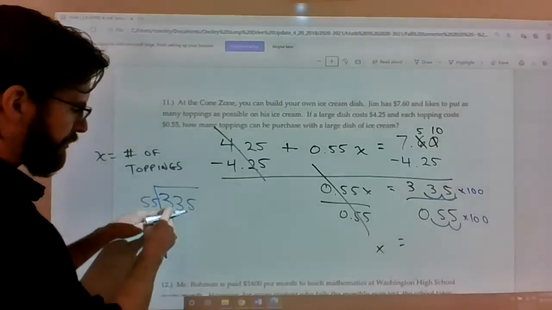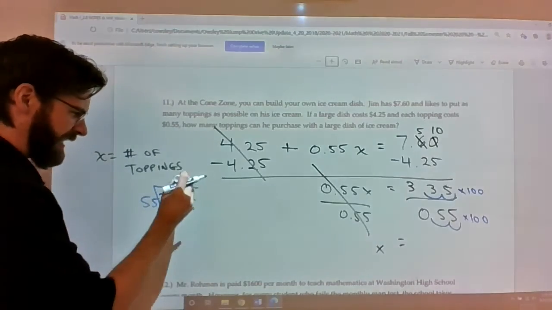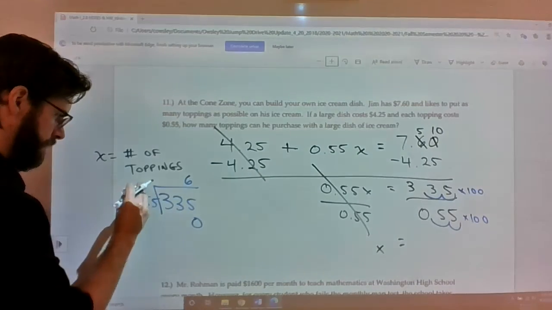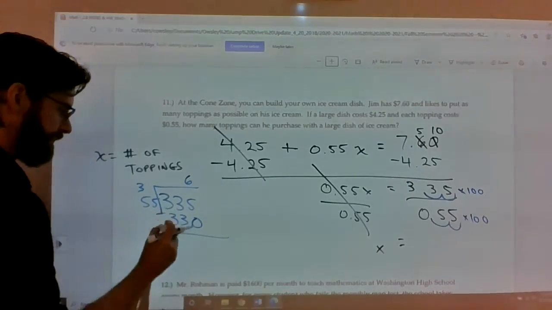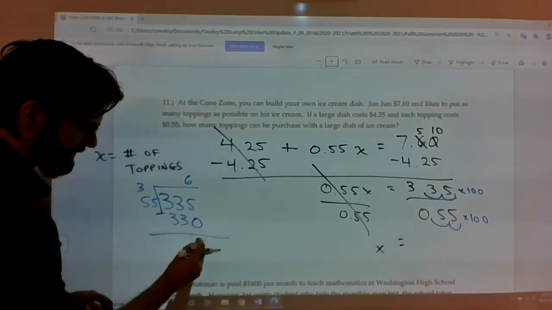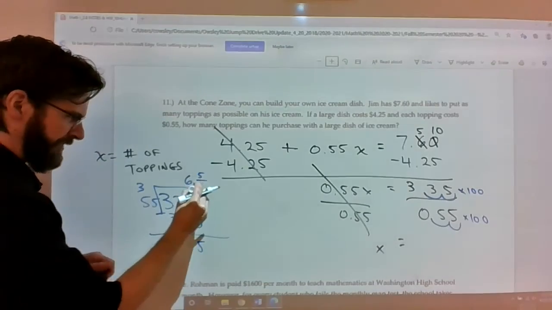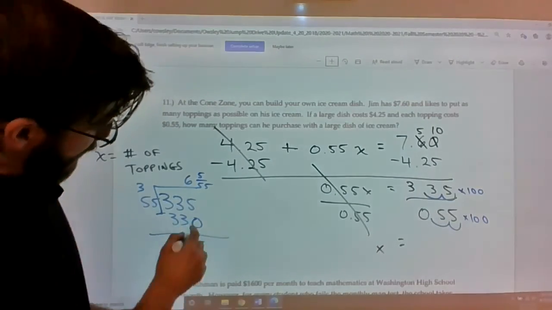Five goes into 30 six times. So I'm going to guess that this is going to be 6. And yep, seems like I got 6 and then 5 over 55 leftovers, and that's 1/11.